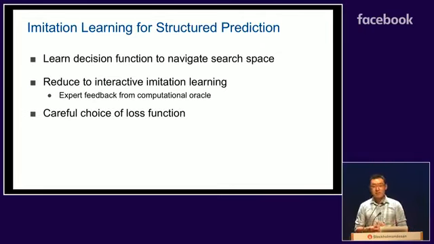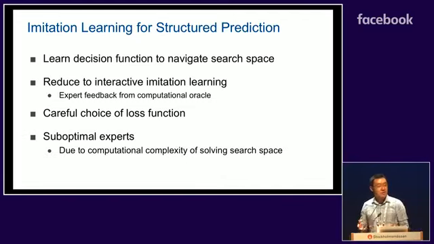In some cases, this requires a careful choice of the loss function because the overall reward or cost function in the structure prediction task can be highly non-additive. And so you need to do some careful design of the supervised reduction in order to lift guarantees from the supervised learning problem back into the original problem.